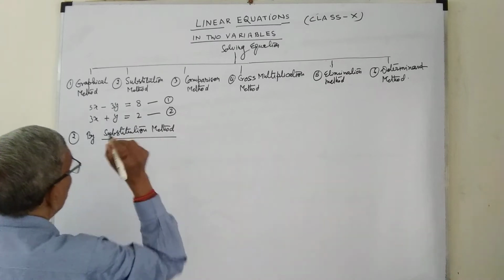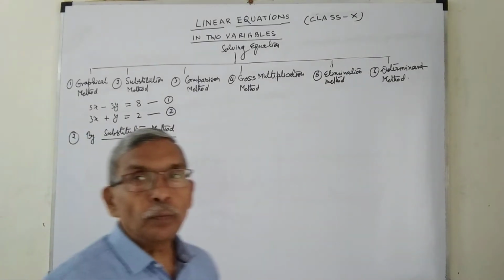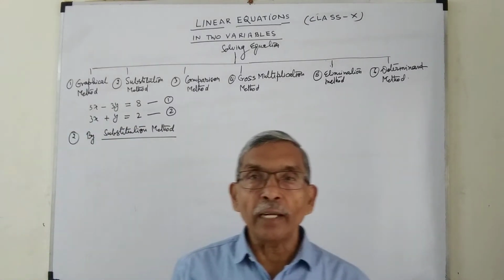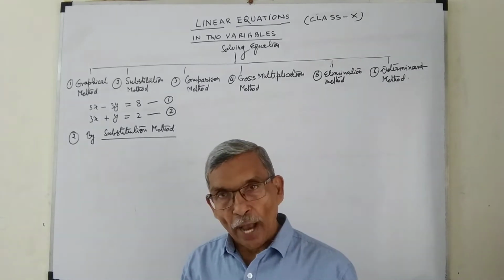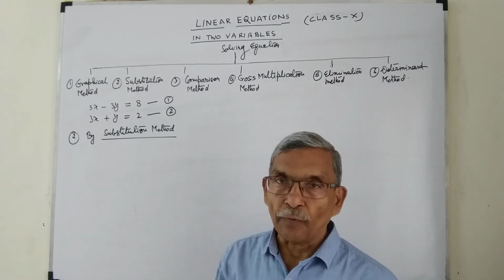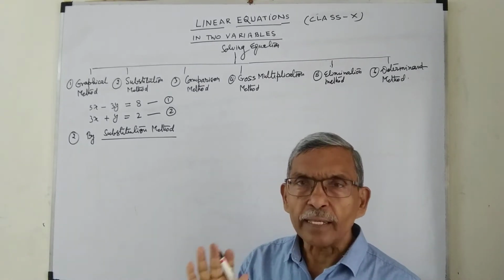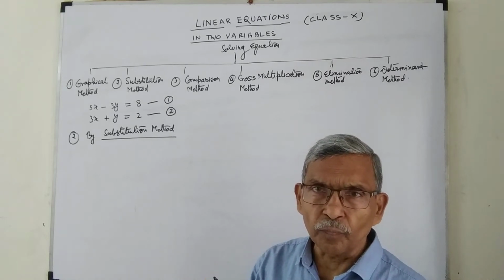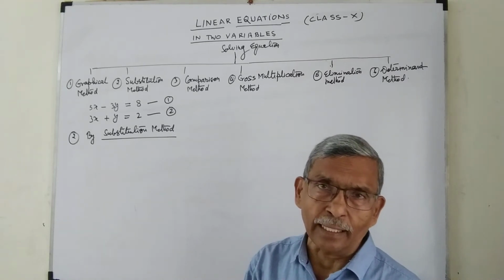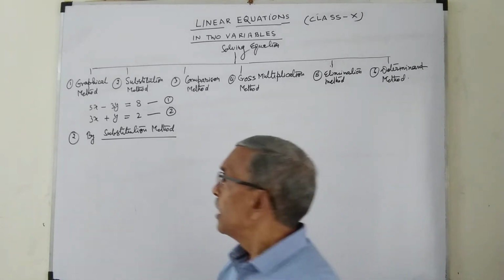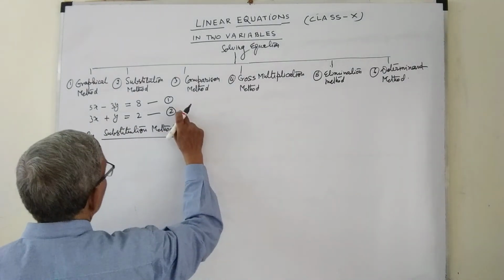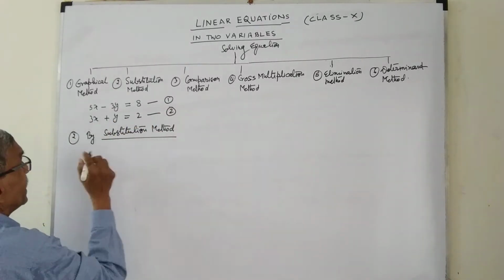In substitution method, what do we do? We will find the value of x in terms of y or y in terms of x, which is suitable, which is easy to find. So here we will take number 2. So it is easy to convert.